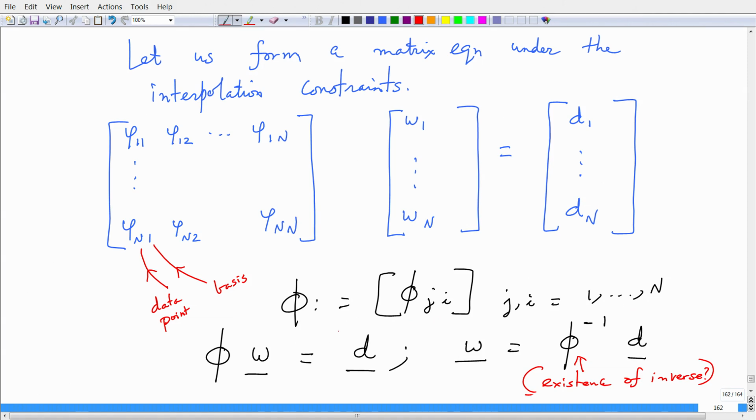So, we have this matrix equation which is phi times this weight vector W equals the desired vector D, which is straightforward. W is phi inverse D, right. This is a straightforward solution.